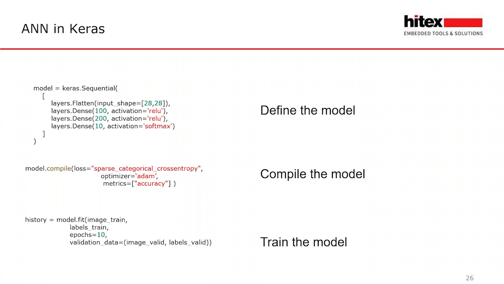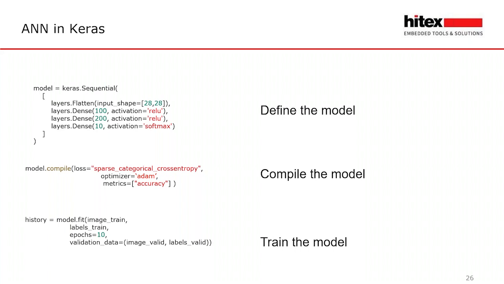And then we can also just say what metrics we want to display. So typically for classification, we want to look at the accuracy of the model. And then finally, we can train the model. So we can just start it training. So we provide the image data, the image labels, and the number of epochs, so the number of times we are going to run through all of that training data.